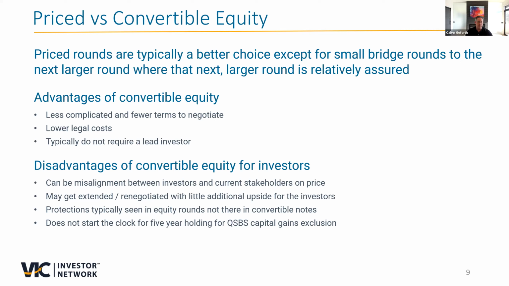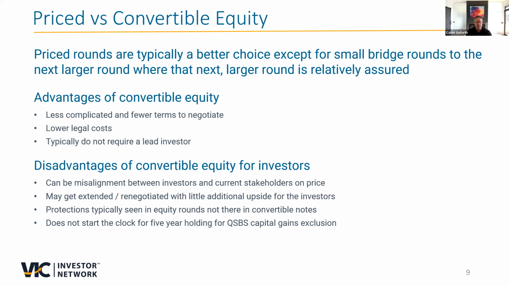Another disadvantage that not everyone takes into consideration, but is actually a pretty important disadvantage, is convertible note does not start the clock for the 5-year holding period for qualified small business capital gains exclusion.